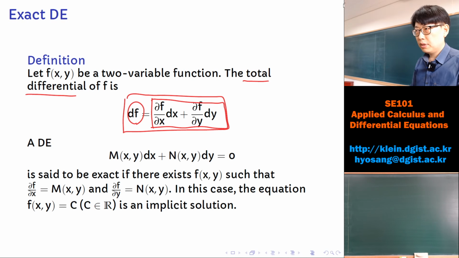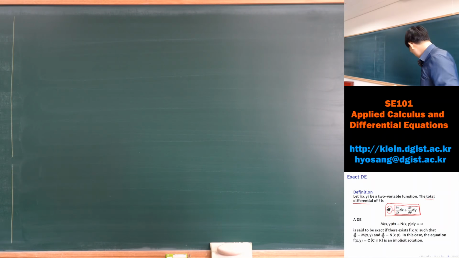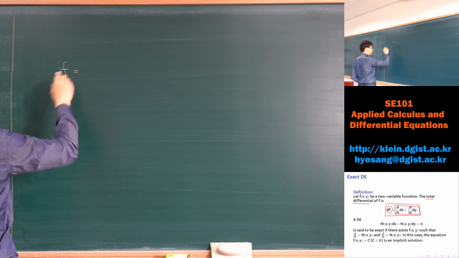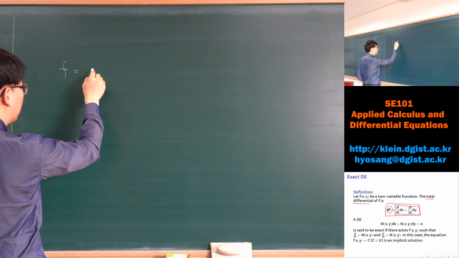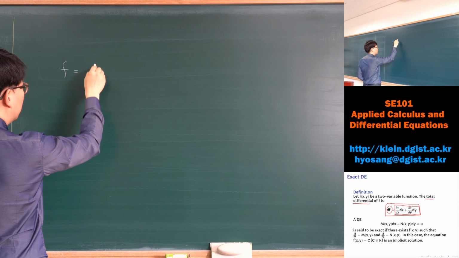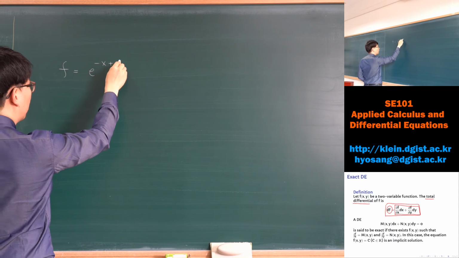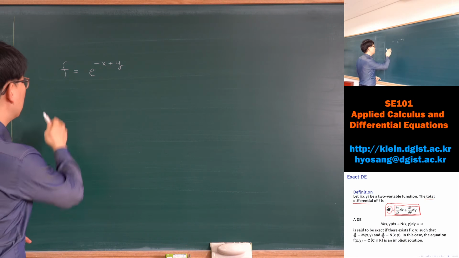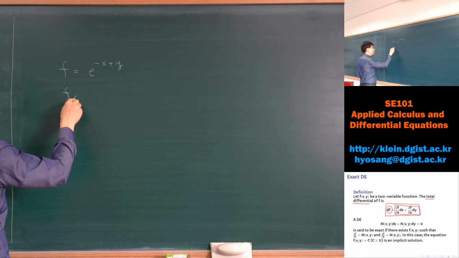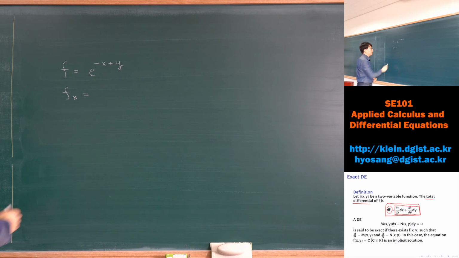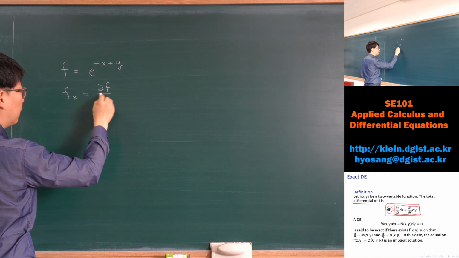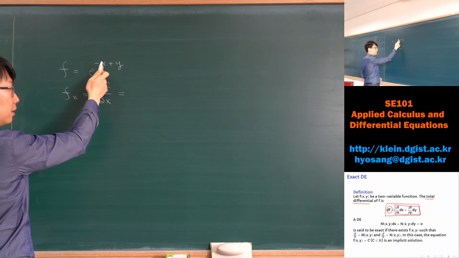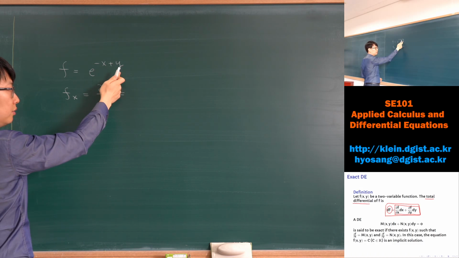Let me give an easy example of a partial derivative. If you have a function, let's say e to the minus x plus y, this is a two-variable function. This is not an implicit function. If you take the partial derivative with respect to x, also denoted by del f, del x, you take x as a variable and y as a constant.